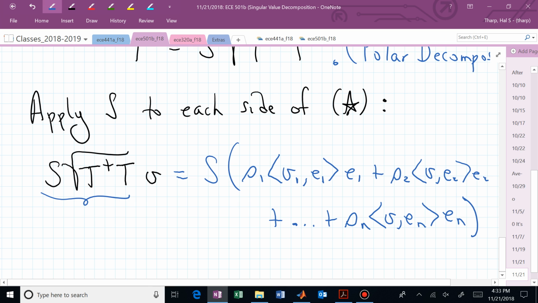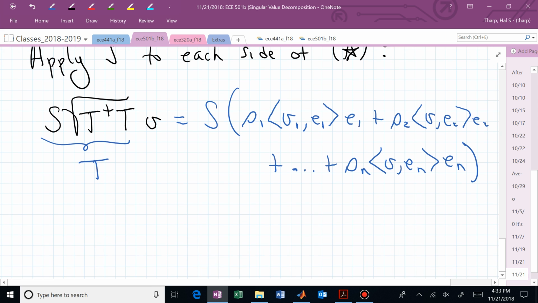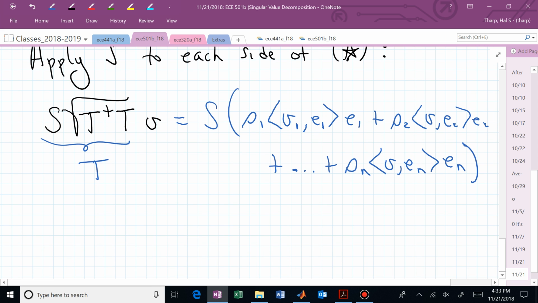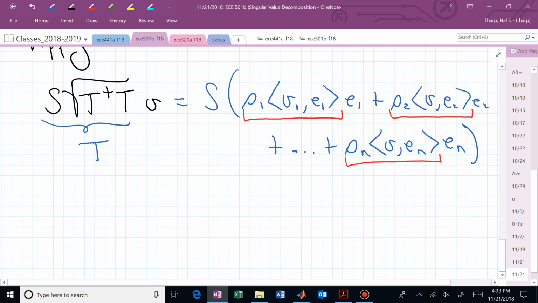And realize that this is in fact how we decomposed our original operator T. We can see that each of these pieces is just a scalar, so it can be factored through or pulled outside of S, and we now have S operating on E1, we have S operating on E2, we have S operating on the vector E sub n.